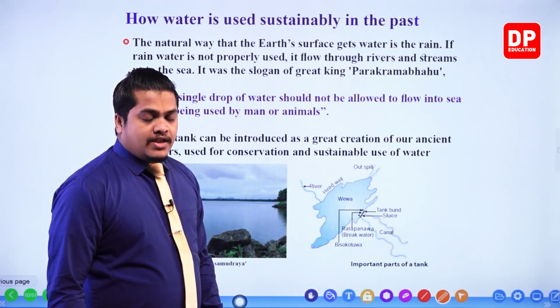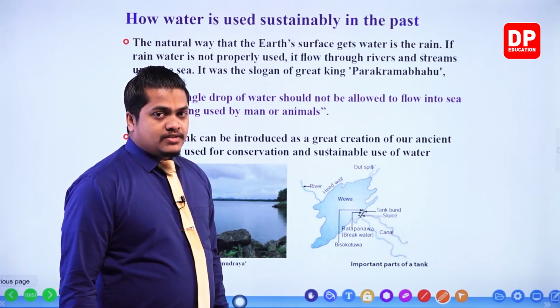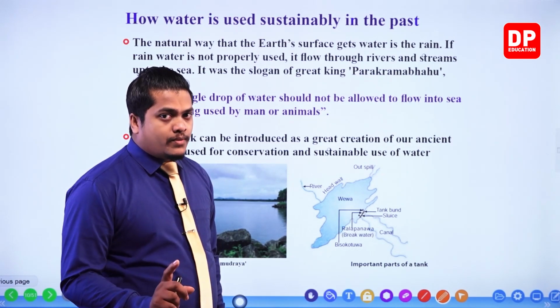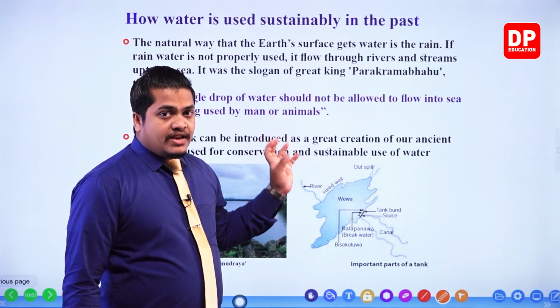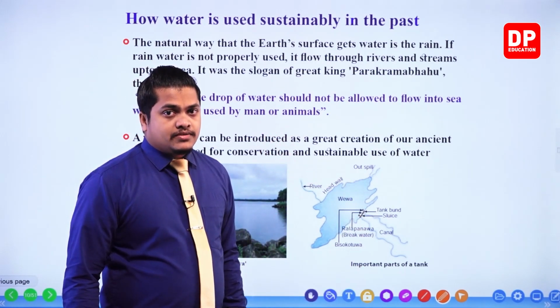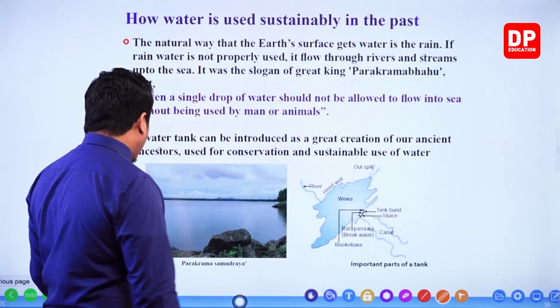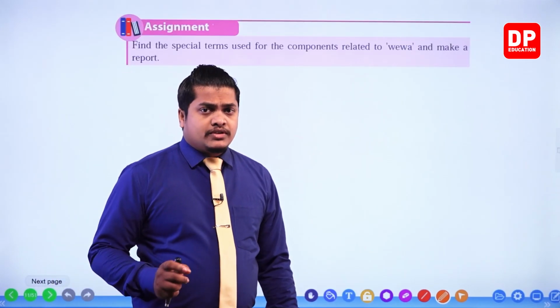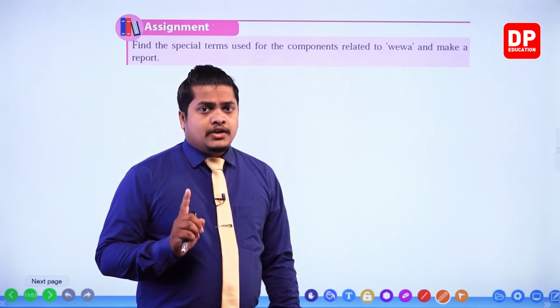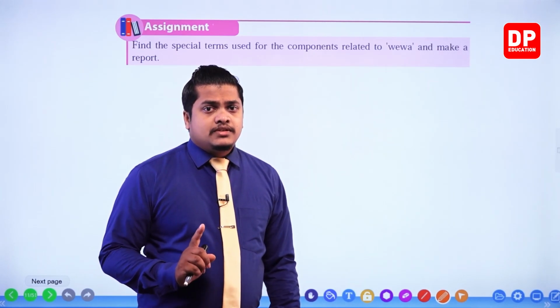So there are several components. I hope you will follow up the uses or the benefits of each of these components. I'm not going to do this assignment, my dear children, because several times I told you about these things, and I hope you have a sound knowledge about them.